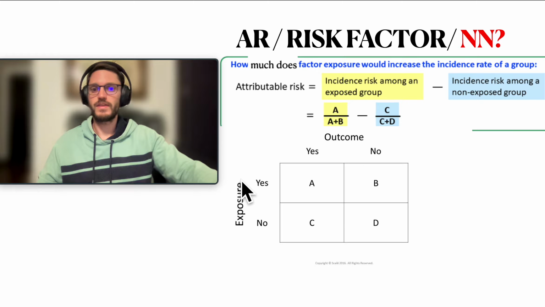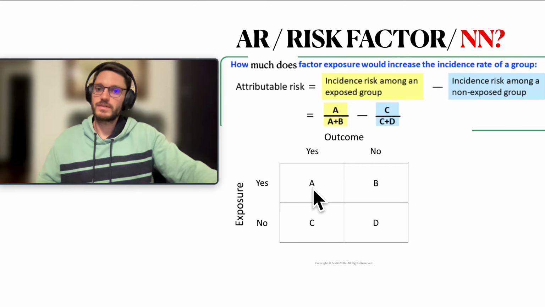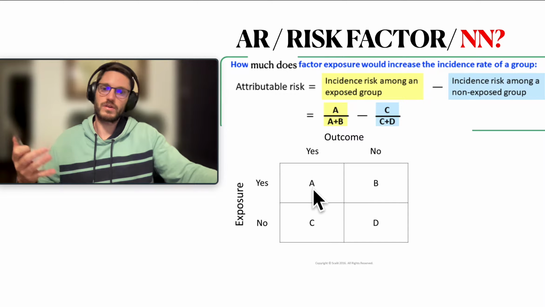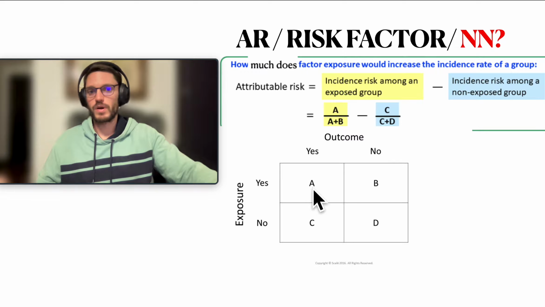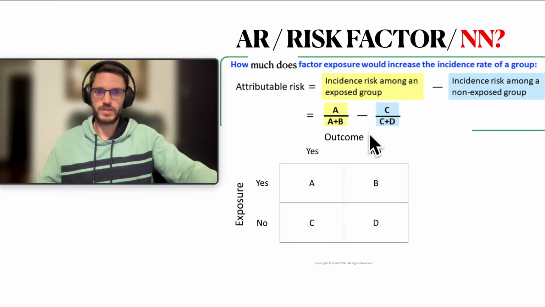That is why the exposure will generate a higher incidence than the non-exposed, because if you're exposed to a risk factor, you're going to get the outcome more often than not. That's why the subtraction goes this way: A over A plus B, which is the incidence in the exposed, minus C over C plus D, which is the incidence in the non-exposed.